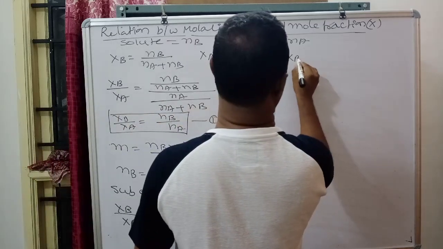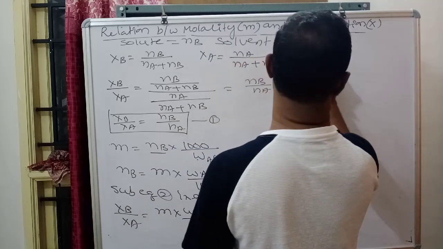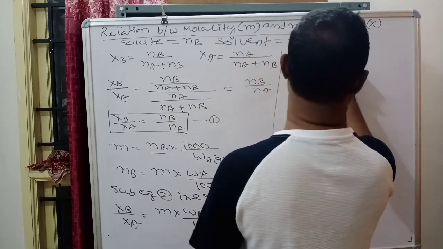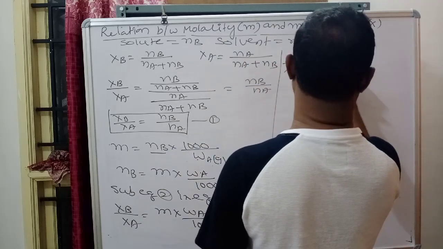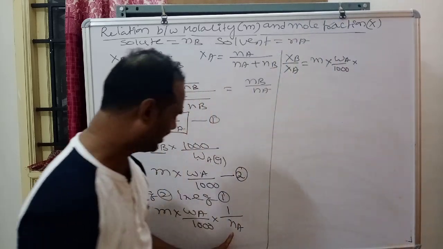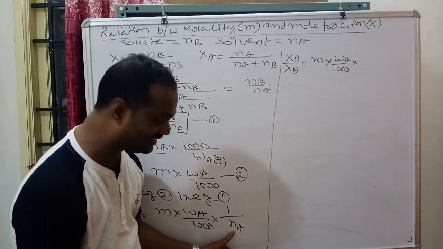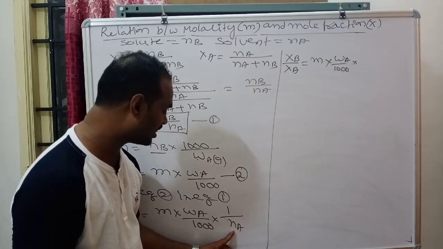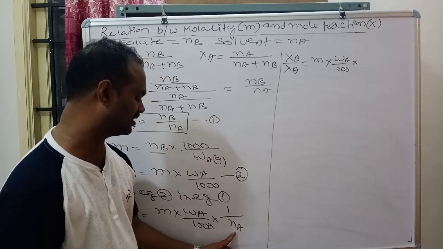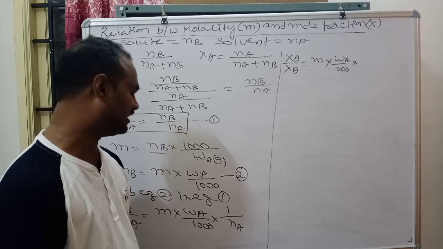So XB by XA is equal to m into WA by 1000 into 1 by NA. NA means the number of moles of solvent. The number of moles of solvent is equal to its mass of solvent by its molar mass, here WA by MA.